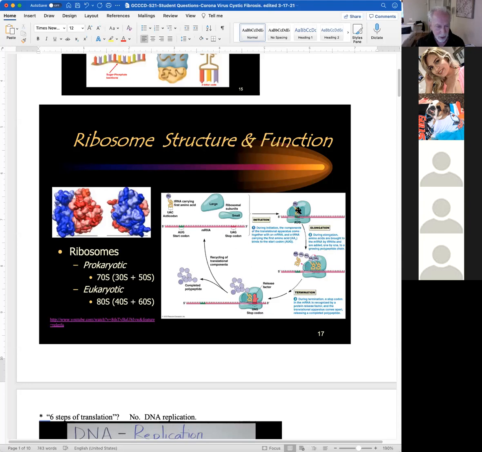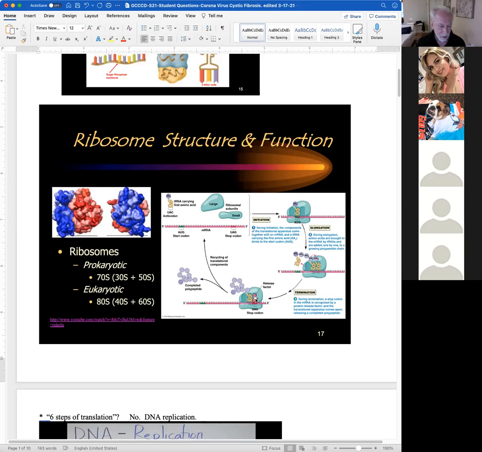So when they bond, the first amino acid is specified. And then as it moves along to the next codon, the second amino acid, and the third and the fourth, and finally you have a chain of amino acids as the ribosome moves along the mRNA, reading the code.